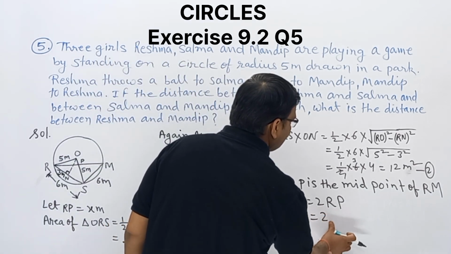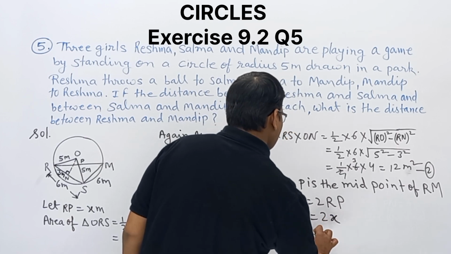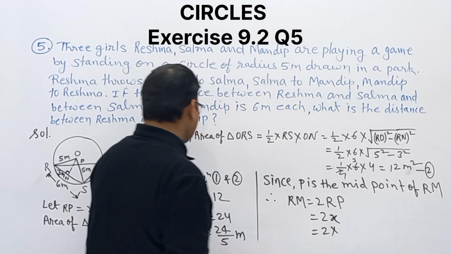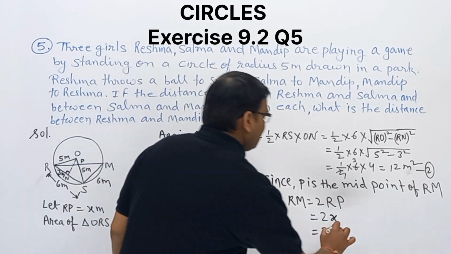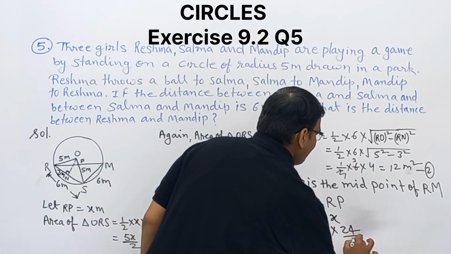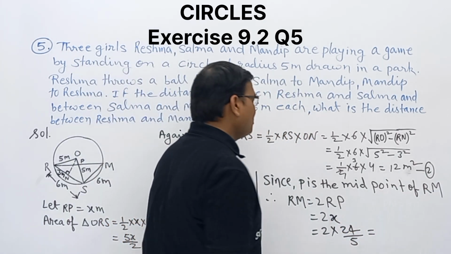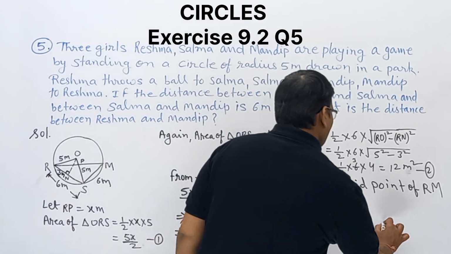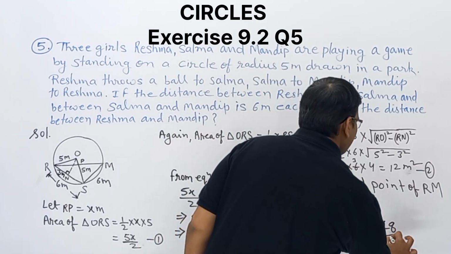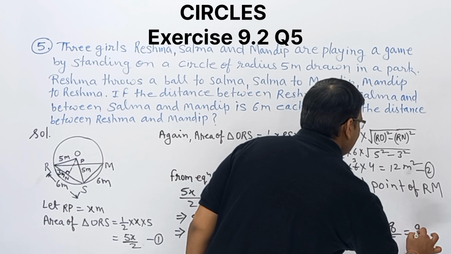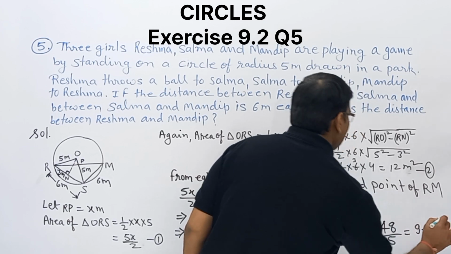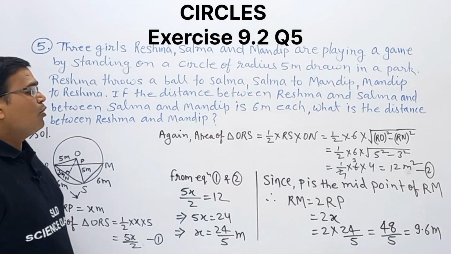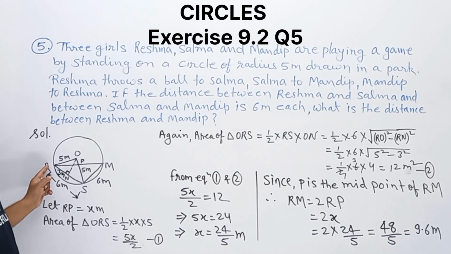So this can be written as 2 times x, and the value of x is 24 by 5. Solving this, 2 times 24 is 48 upon 5. Once we solve, we get 9.6 meter. So the value of RM, the distance from Rasma to Mandeep, will be 9.6 meter. This is the required answer.